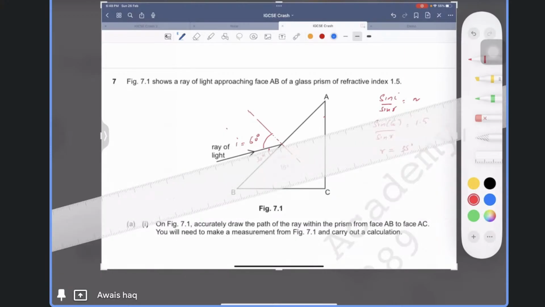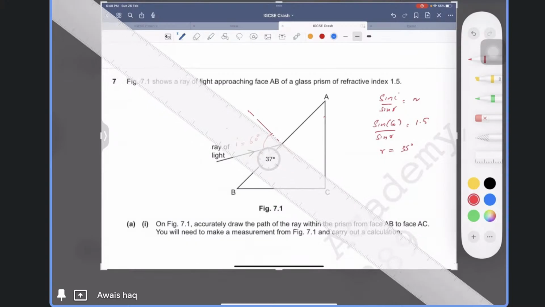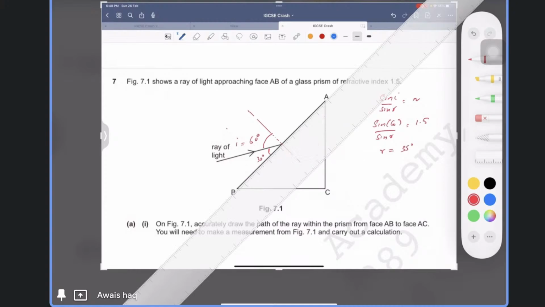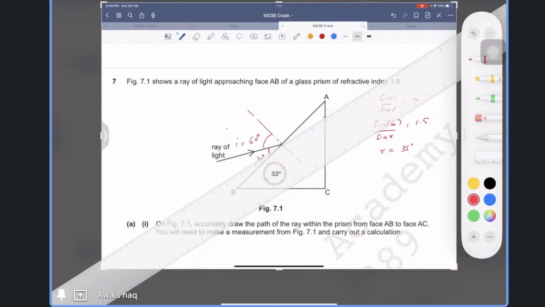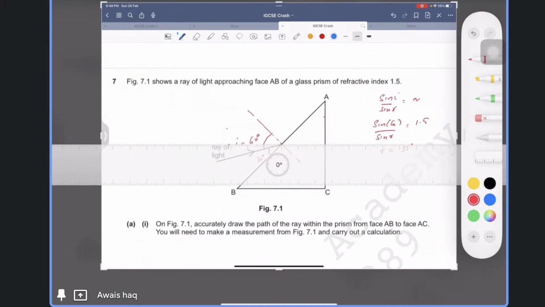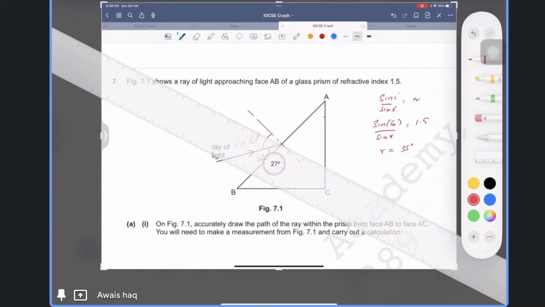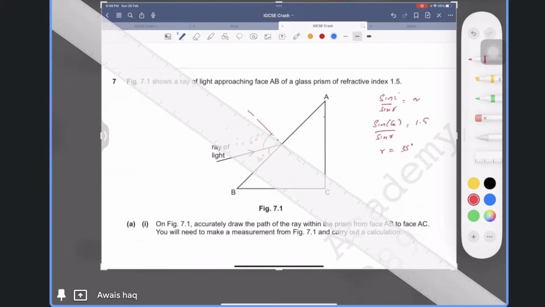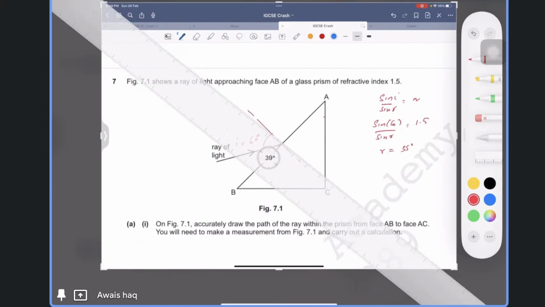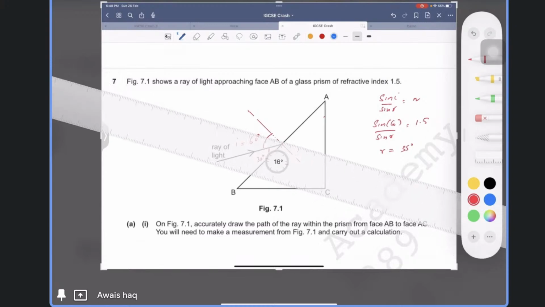So we're now going to measure 35 degrees. On mine it's very hard for me, so bear with me. This is 90, and I'm going to go 35 degrees from here. Somewhat like this.